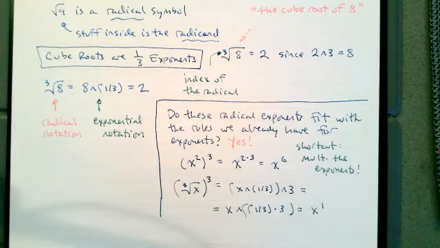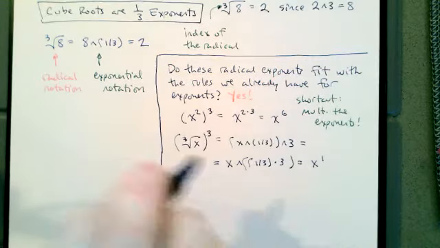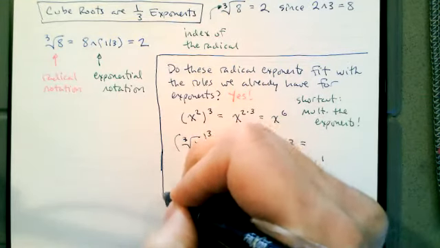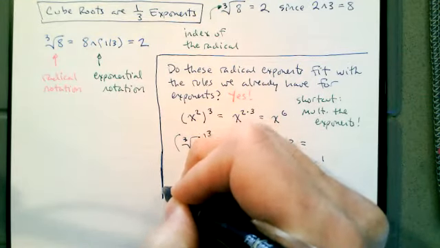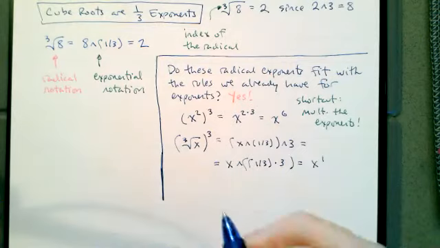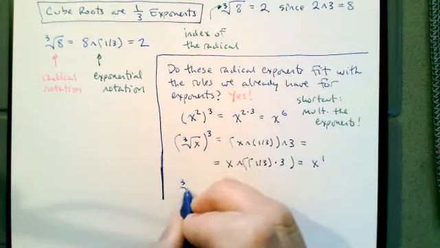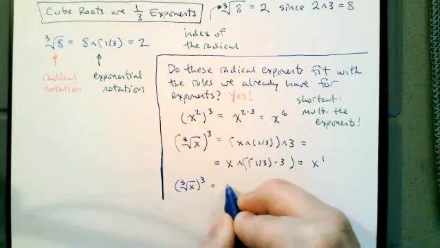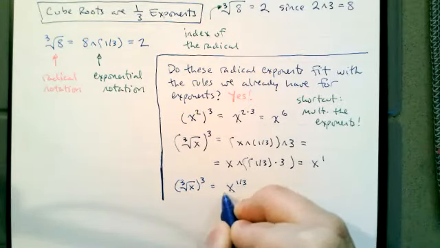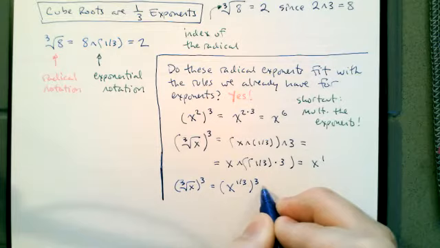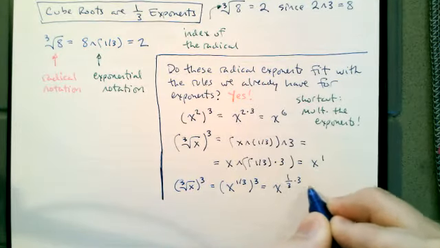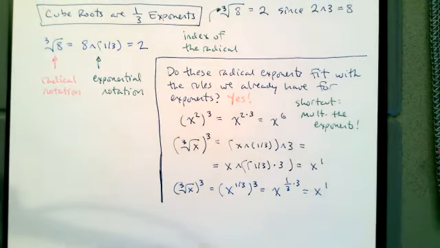It looks bad with all these exponents around. Cube root of x to the 3rd will be x to the 1/3 to the 3rd, x to the 1/3 times 3, x to the 1.